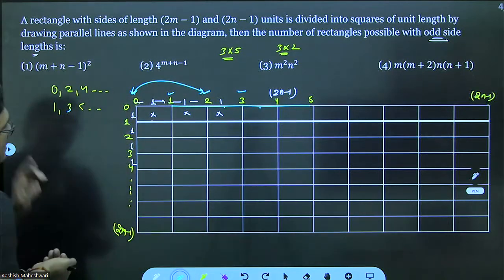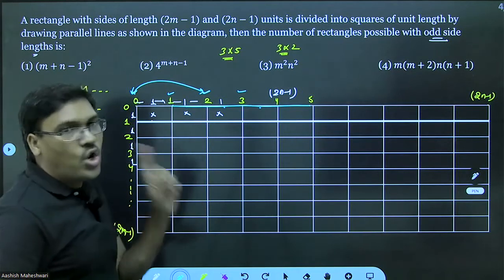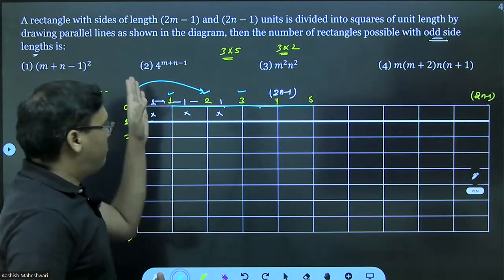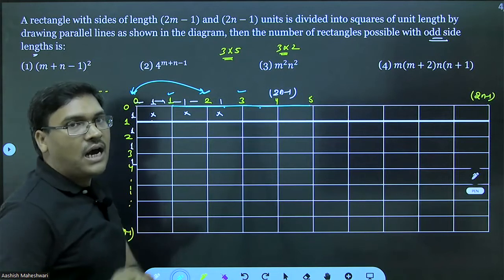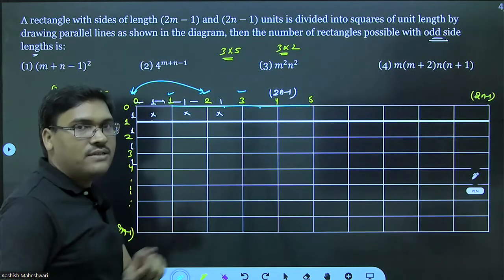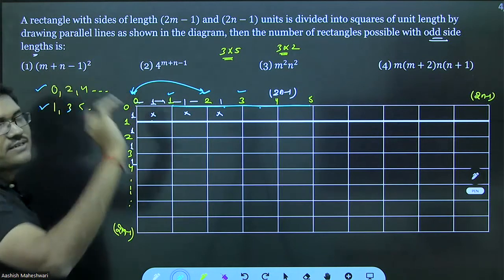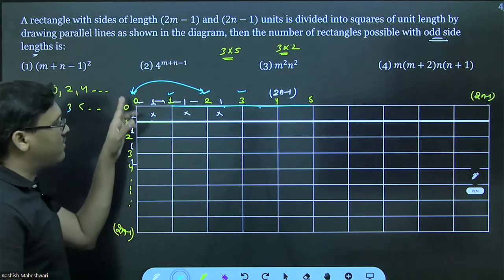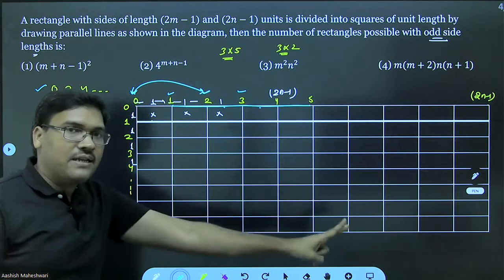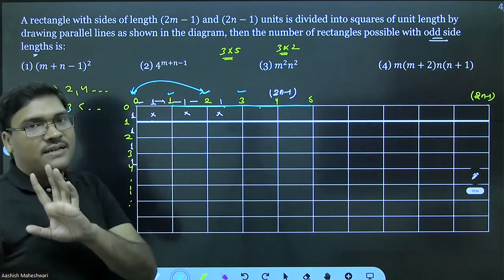So you can see here, if I want any odd side length for the vertical case, I have to select two lines. One has to be from this case and the other has to be from this case. That is, I have to select one even numbered line and one odd numbered line.